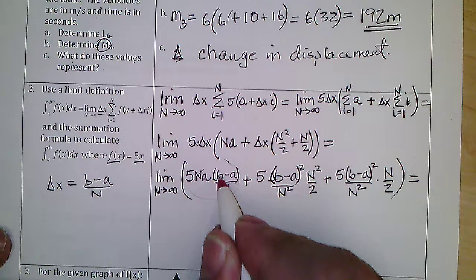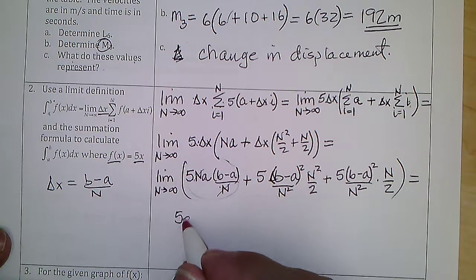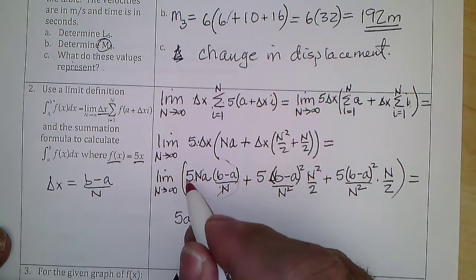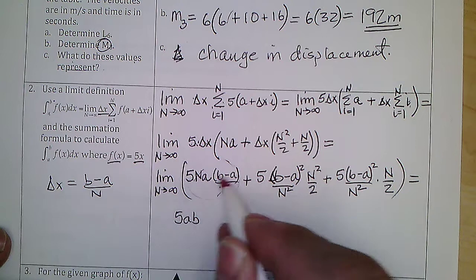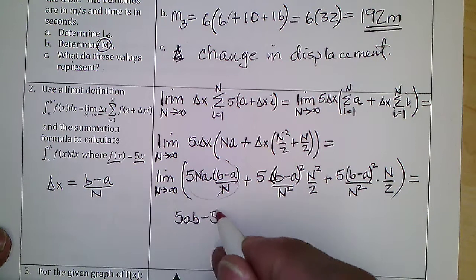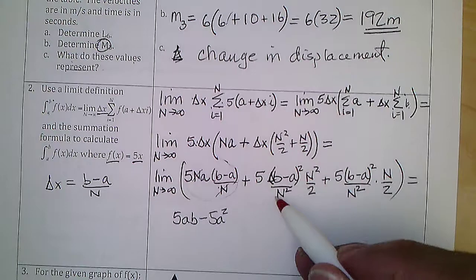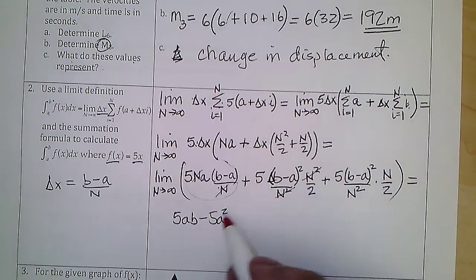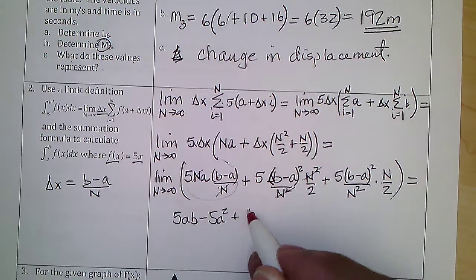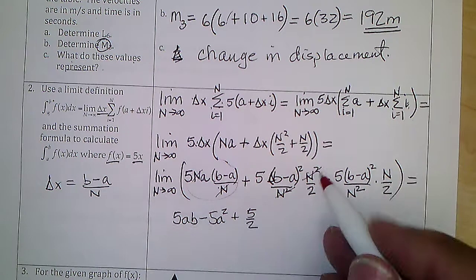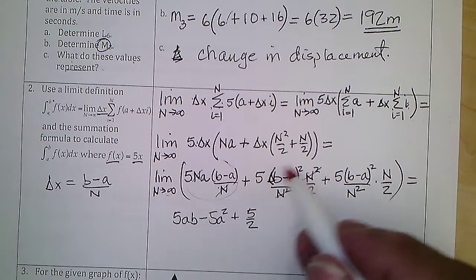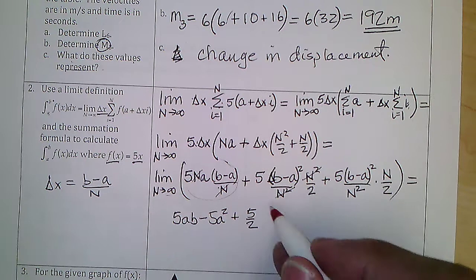So I get 5ab minus 5a squared, and then here the n squareds cancel, so I get plus 5 halves, and as n goes to infinity, this doesn't change because there's no n's in it.